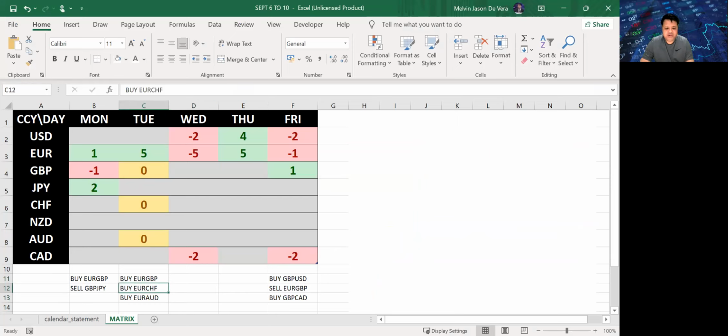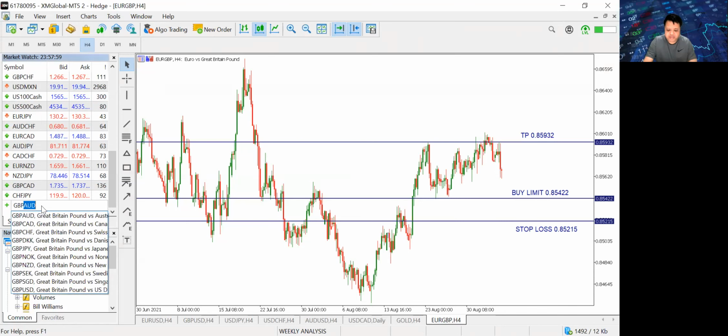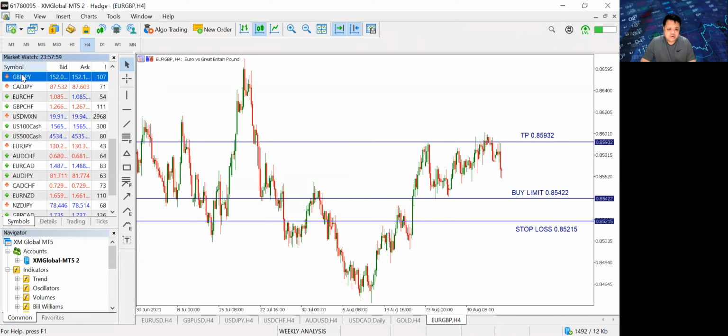What about your buy Euro CHF or your sell GBP JPY? Doon muna tayo sa GBP JPY. Alright, so let's pull your GBP JPY. Napin mo na lang dito. GBP JPY. There you go.